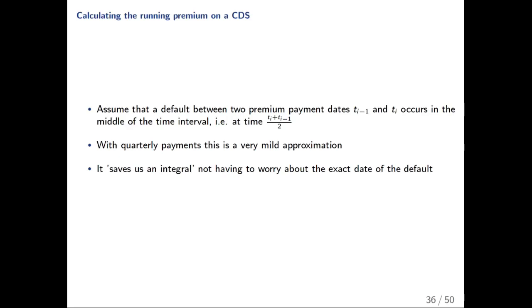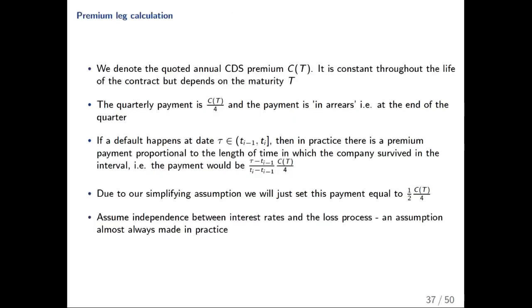So we're just going to assume that between two payment dates, if there is a default, it happens in the middle of the quarter, i.e. at the average between the two payment dates. This is a very mild assumption because we have quarterly data, right? With quarterly payments, it's a relatively mild assumption.